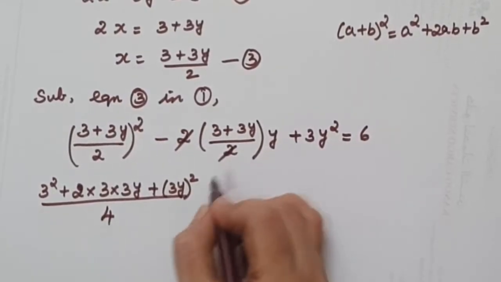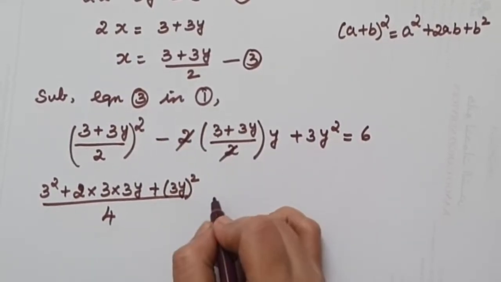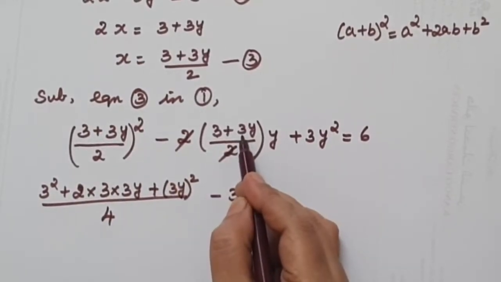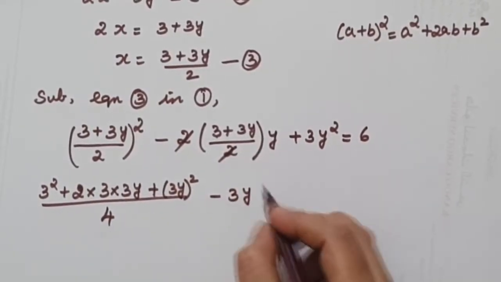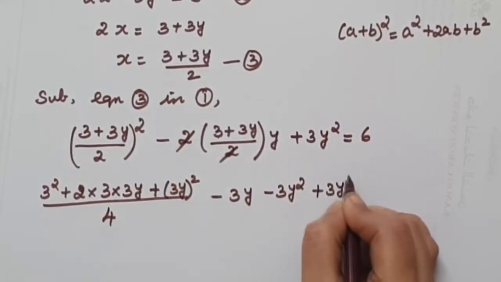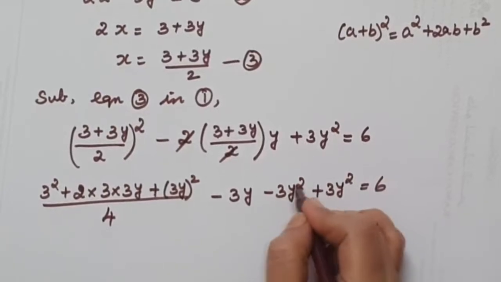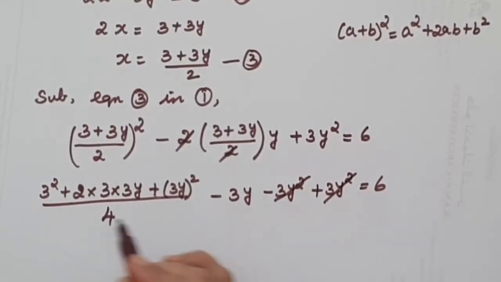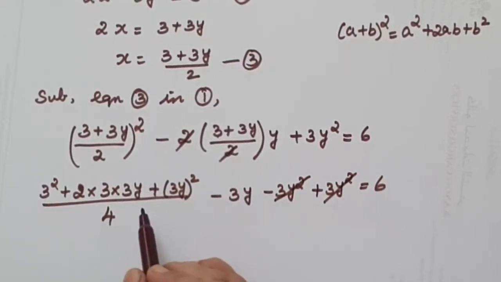Now we'll multiply with this y. So minus 3 into y will give us minus 3y. Minus into 3y is minus 3y. Minus 3y into y will give us minus 3y squared. Plus 3y squared will be equal to 6. Minus 3y squared and plus 3y squared, we can cancel out. Now we'll simplify this.